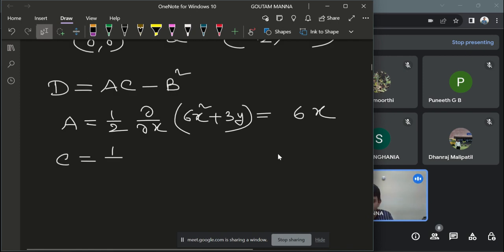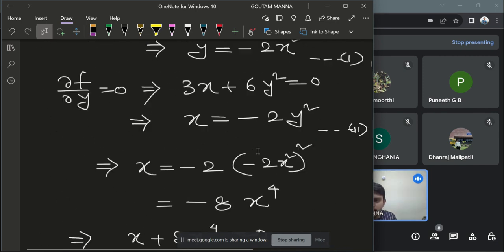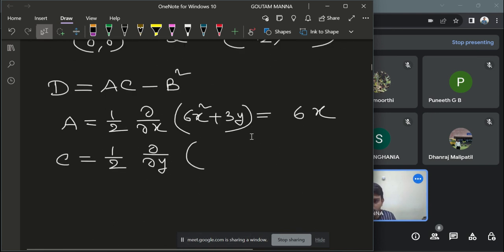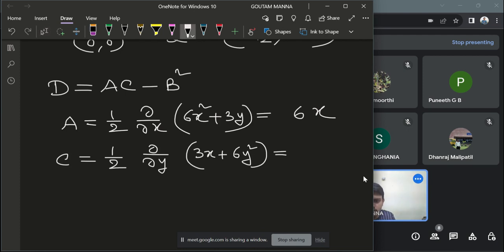C will be half of del y of del f del y, and del f del y is 3x plus 6y square. If we do del y of this term, it will be 12y, and that is half, so it becomes 6y.